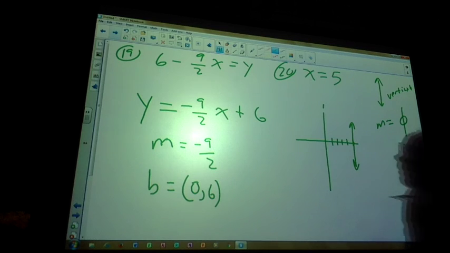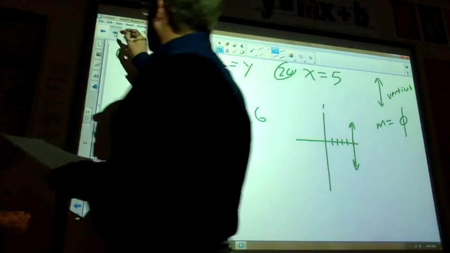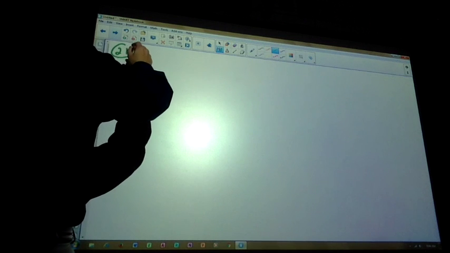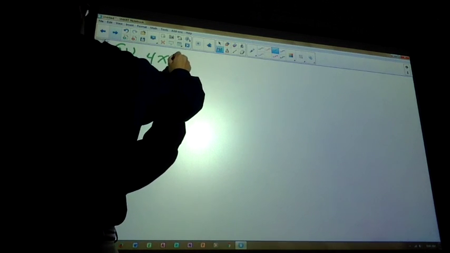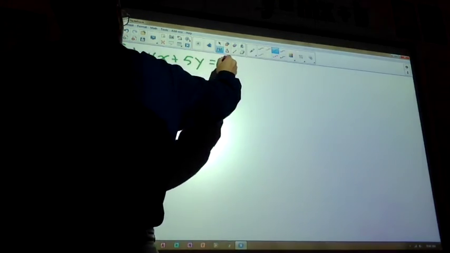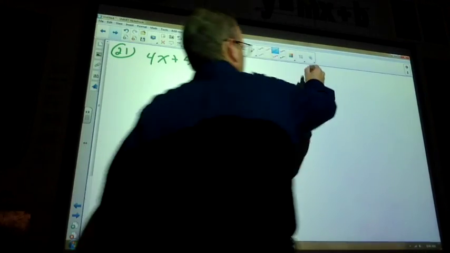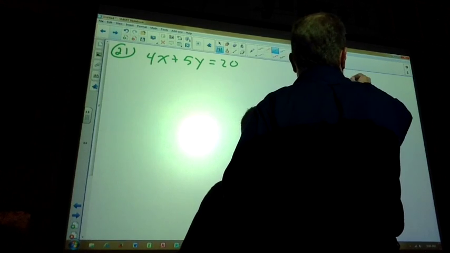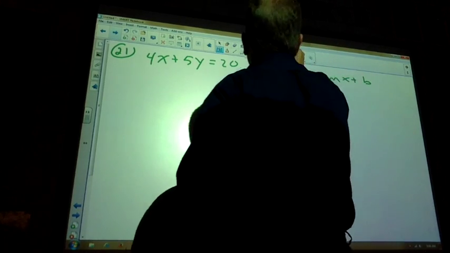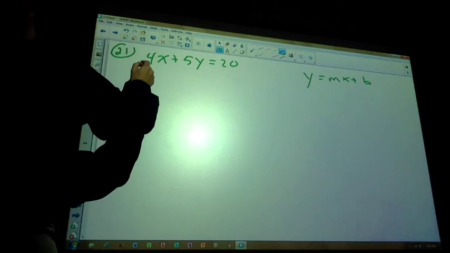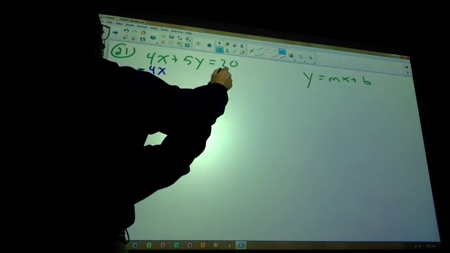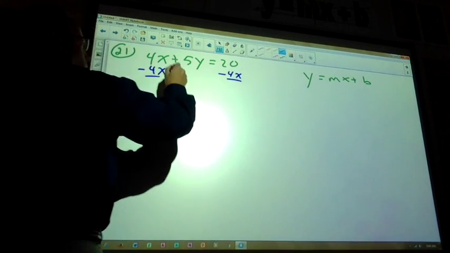Okay? 21. I want to make this look like this. So I'm trying to get y all by itself. Agree? Yep. So I think I could do this to both sides. Can I combine 20 and 4x together?